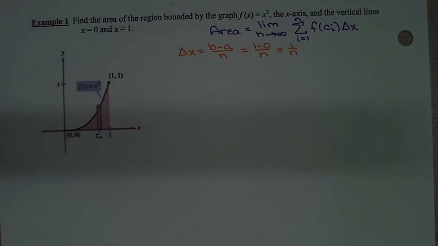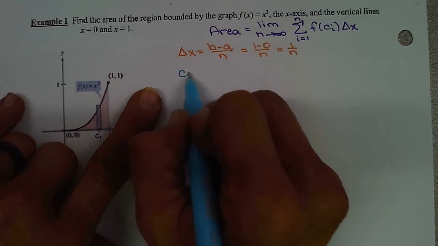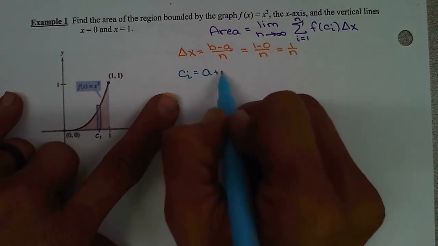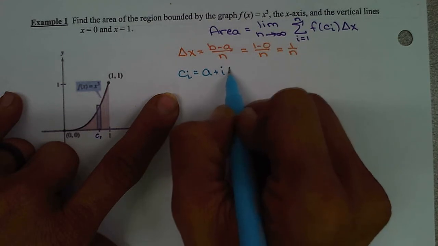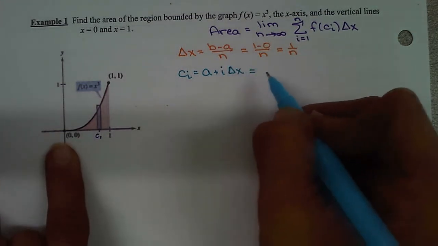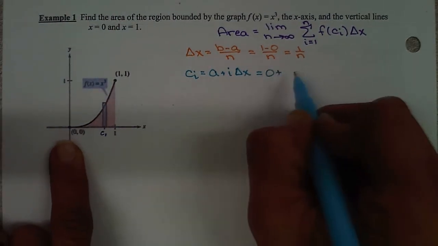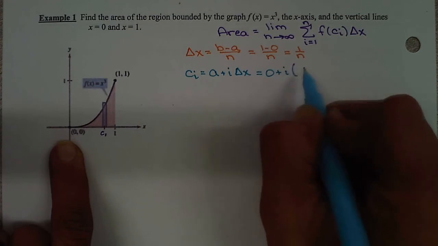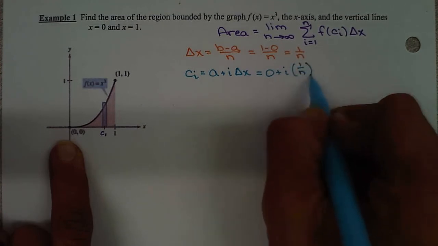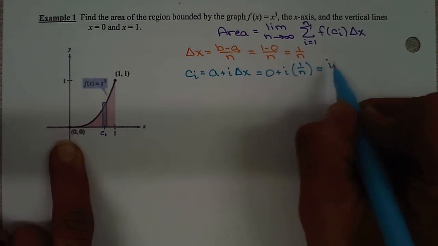Then, if I go and find my c sub i, that's going to be a plus i delta x, which in this case, my a, or my starting value here, is 0, so it equals 0 plus i times delta x, which we found to be 1 over n, which would just simplify to i over n.